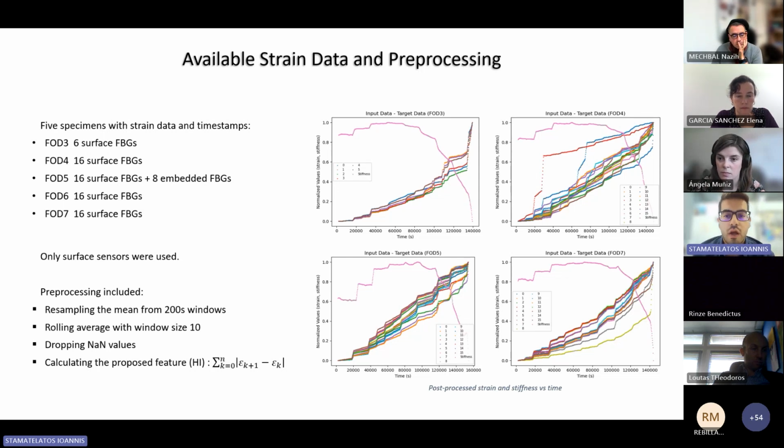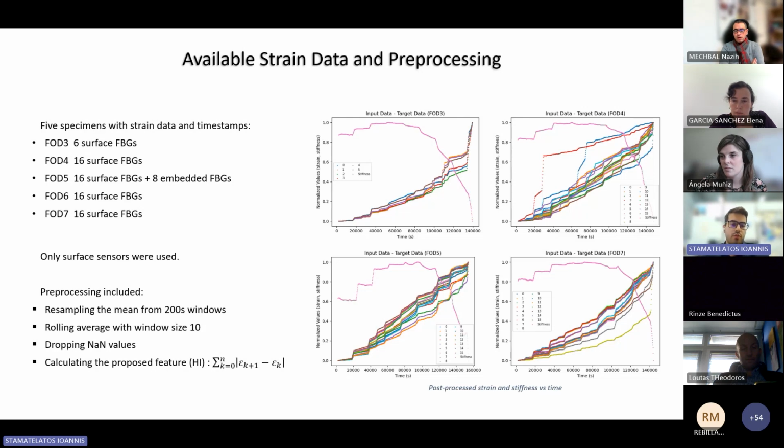Because the FBGs were capturing strains through all the experiment, this is very dense information, and in order to reduce the dimensionality and reduce the data overflow of the model, we had to reduce it.